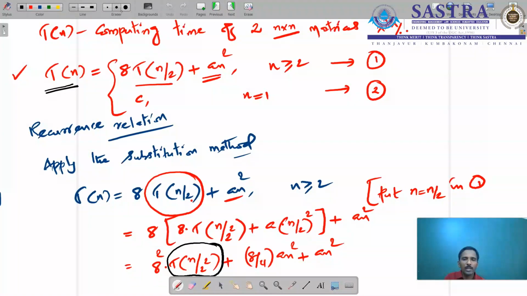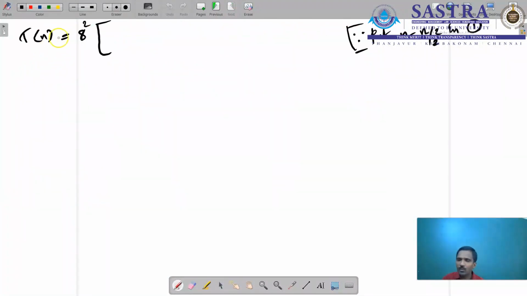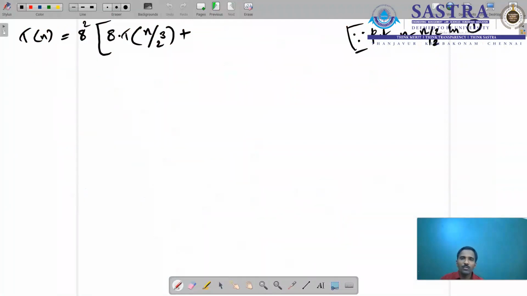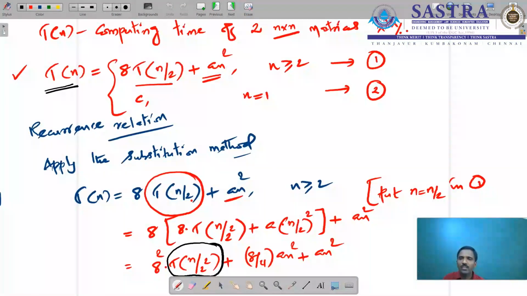T(n) is 8 T(n/2) plus a n². Putting n = n/2², we have 8 T(n/2), already n/2² is there, n/2² divided by 2 gives n/2³, plus a n². Here n is n/2² whole square, so substituting in a n², that becomes a (n/2²)².